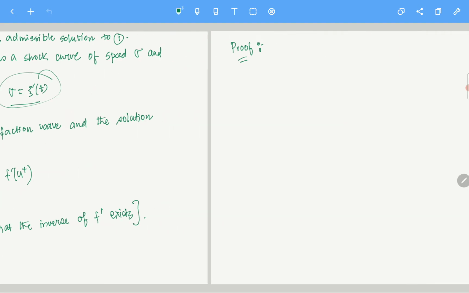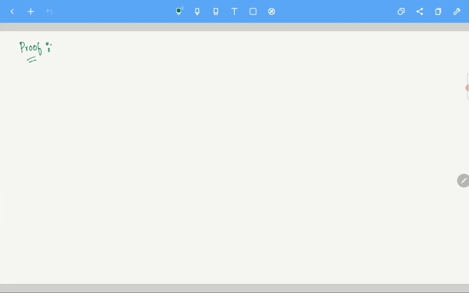Let me write it down, it will be better. u of x, t. I want to show this is our weak solution: u minus for x by t less than f prime of u minus; g, capital G of x by t, for f prime of u minus less than x by t less than f prime of u plus; and u plus for x by t greater than f prime of u plus.